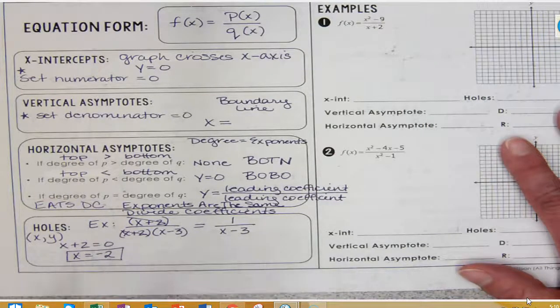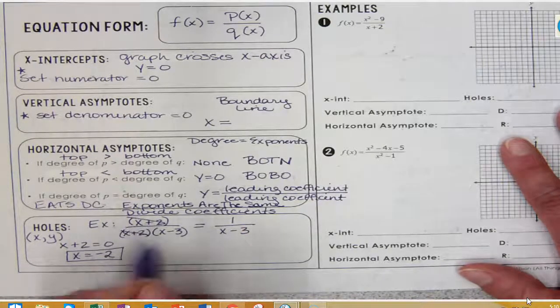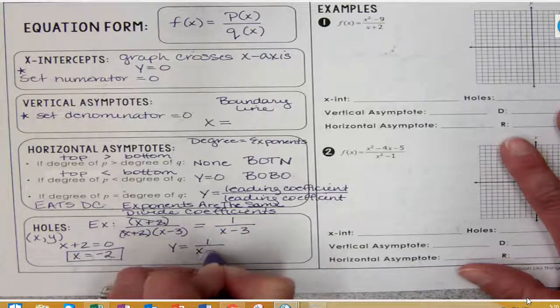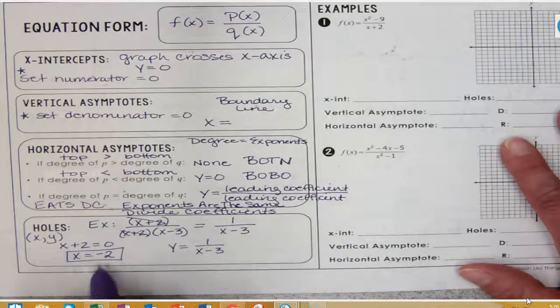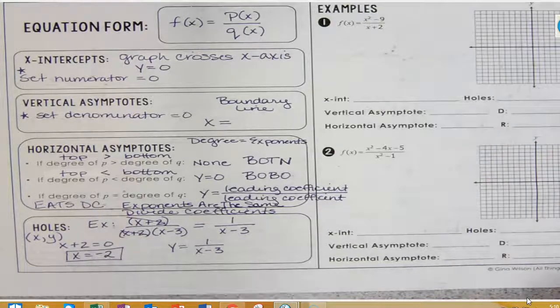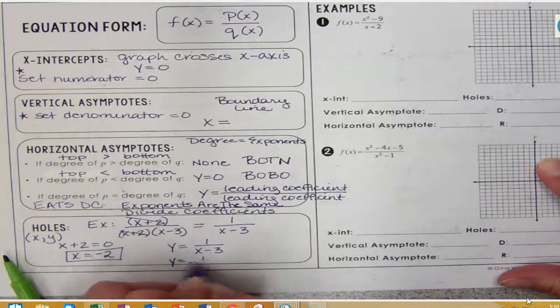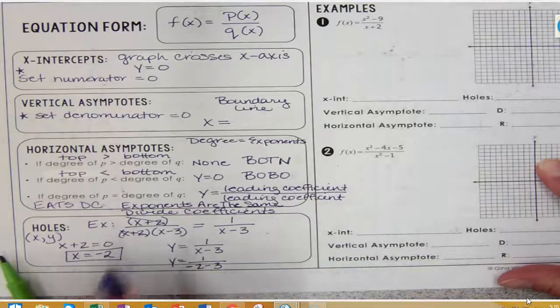And so I need to figure out, based on this, where the y value is. So I'm going to take y equals 1 over x minus 3, and I'm going to plug this negative 2 in to that equation. So I'm going to have y equals 1 over negative 2 minus 3.